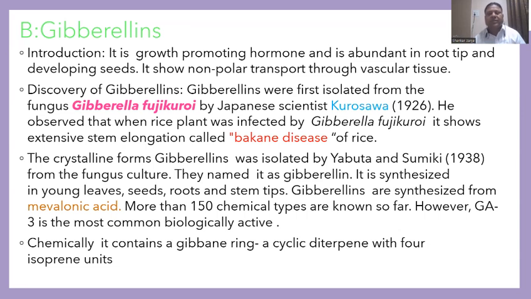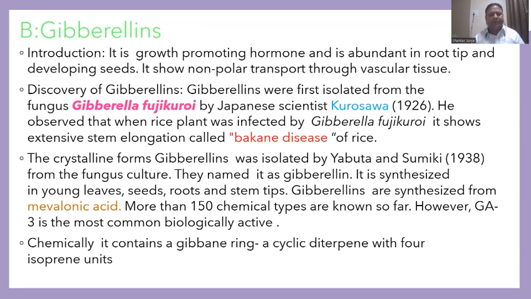But Kurosawa observed that in the field, some seedlings of the rice were too much tall. And when he analyzed, he found a kind of fungus gives infection to the rice, and that's why the rice seedling was foolishly grown, too much tall. That is called Bakane disease.